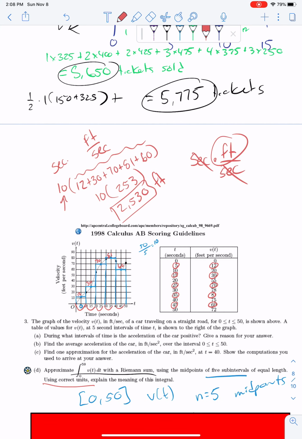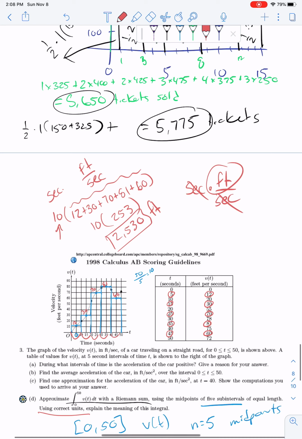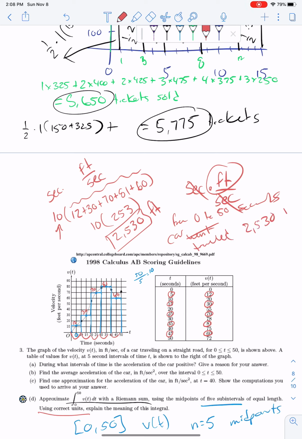Okay, so the meaning of this integral, that I went 2,530 feet from 0 to 50. So you could say that from 0 to 50 seconds, the car traveled 2,530 feet. Okay, so in 50 seconds, the car went 2,530 feet.